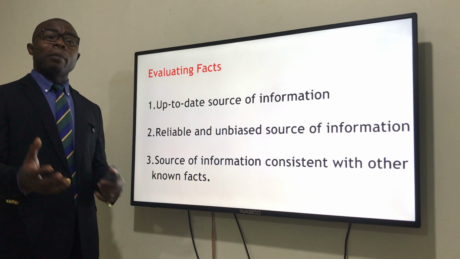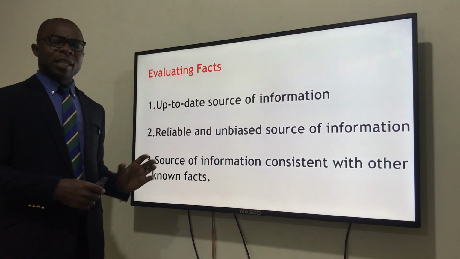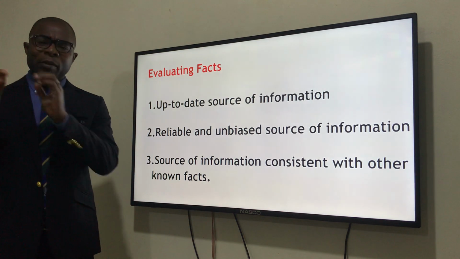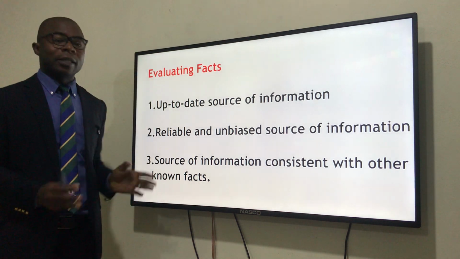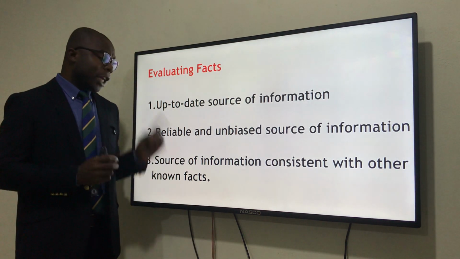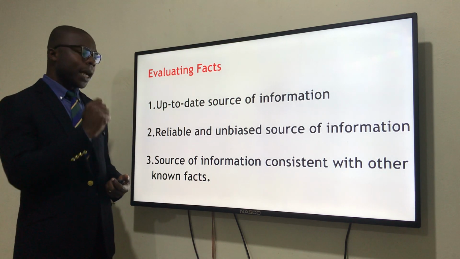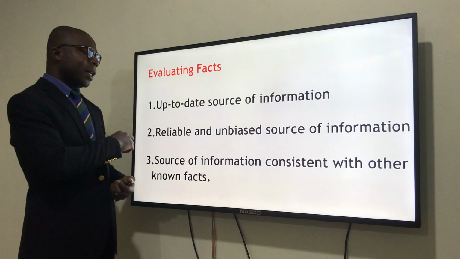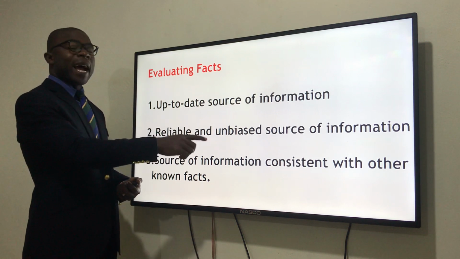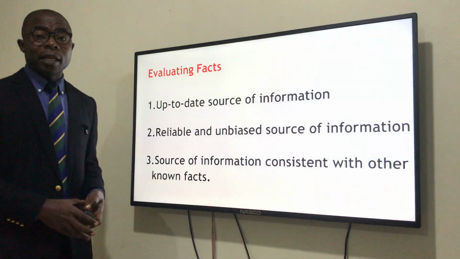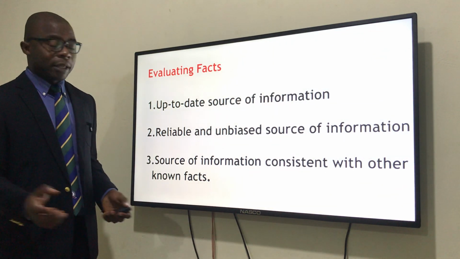If you go to a neutral person, they say this person is good in this area, not so good in that area, very terrible in another, excellent in another. So you want to make sure that your source of information is reliable and unbiased. If the source is not reliable and is biased, what you may be calling a fact may actually be an opinion, or not a fact at all.